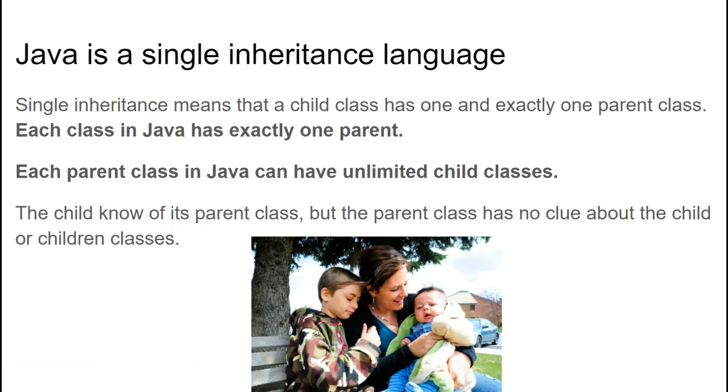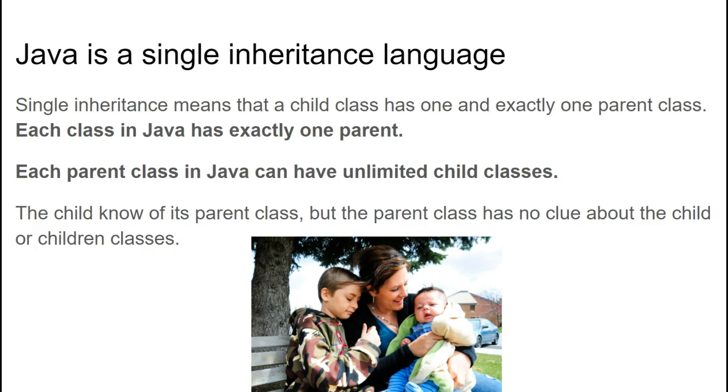So Java is a single inheritance language. When we speak of a single inheritance language, that means a child class has one and exactly one parent. Each class in Java has exactly one parent. Every class that we have used up to this moment has had one and exactly one parent.